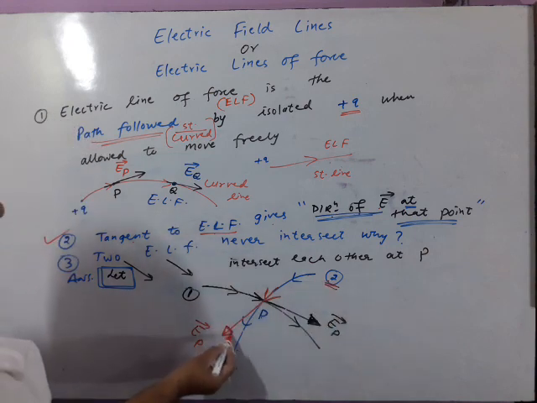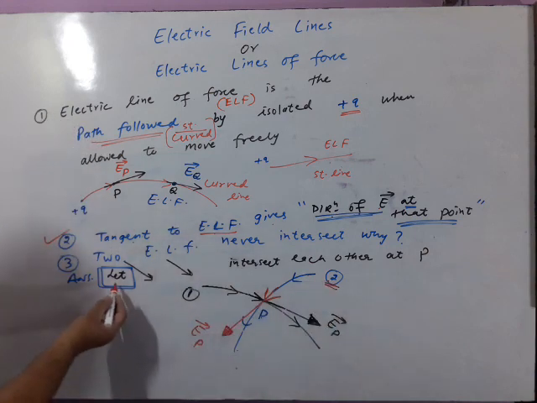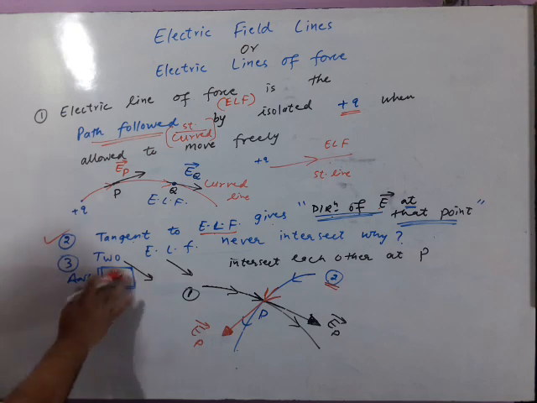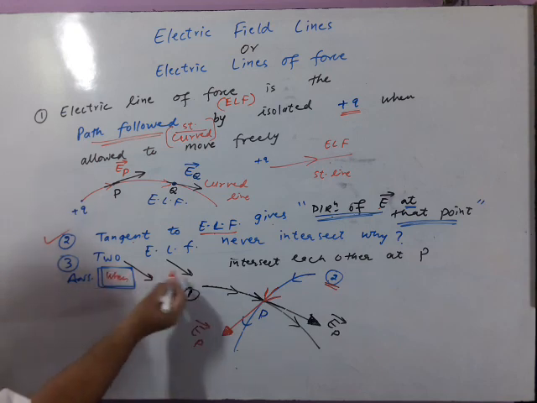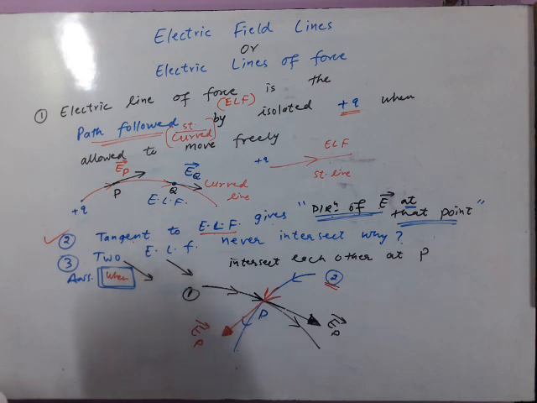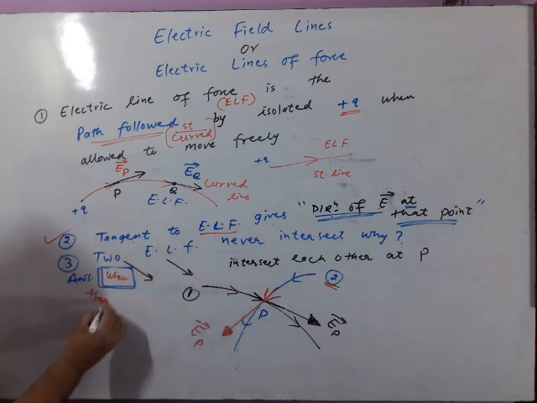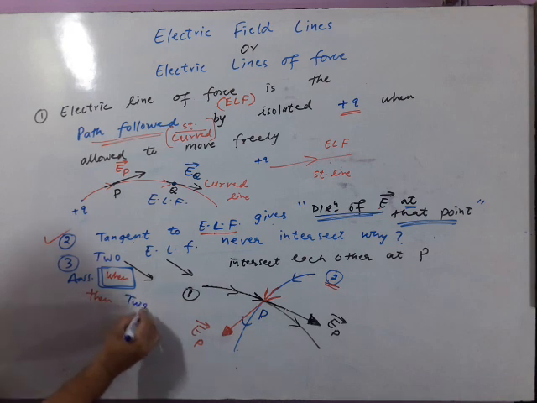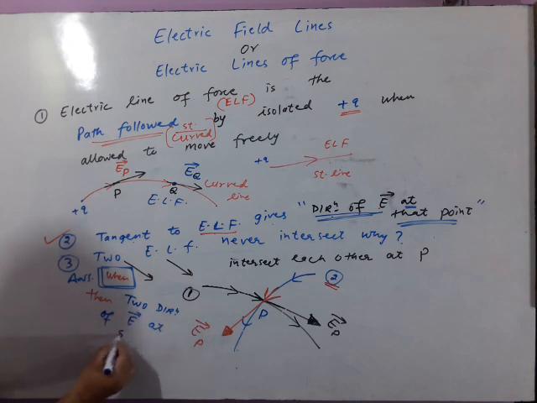So when two electric lines of force intersect each other at P, you see two directions of electric field at a single point.